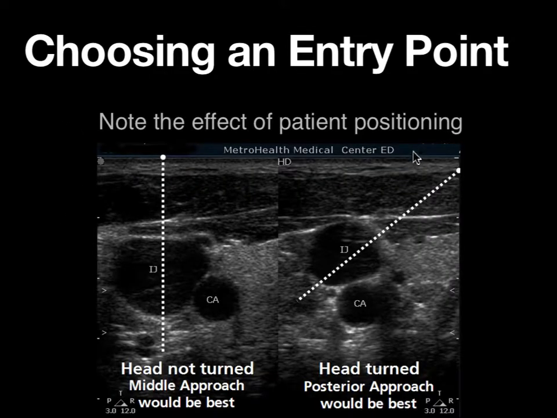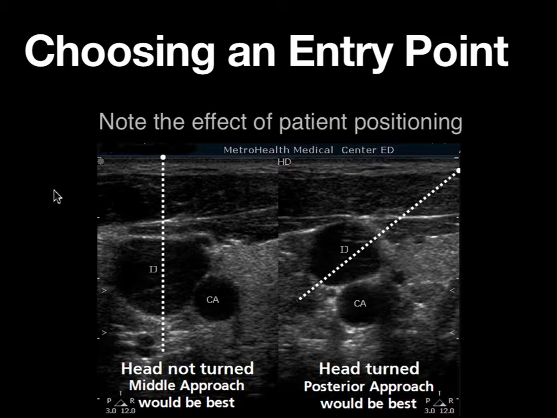Let's take a look at this patient here. If I was going to do an internal jugular cannulation on this patient, you've got a couple different approaches. You've got a posterior, a central, or an anterior approach. Looking at this anatomic relationship here between the internal jugular and the common carotid, I would choose a central or middle approach here.